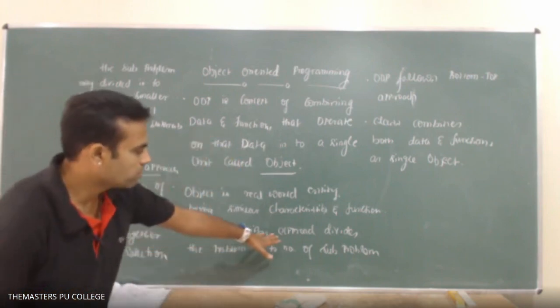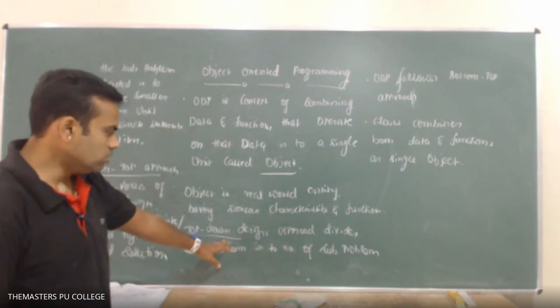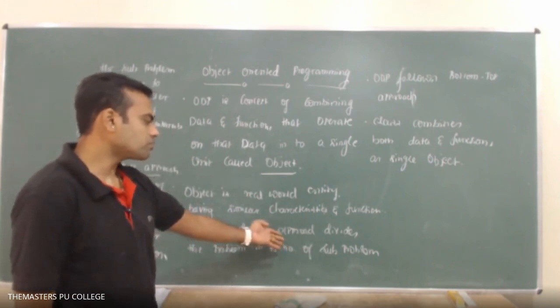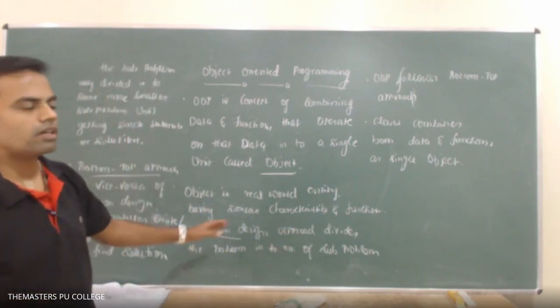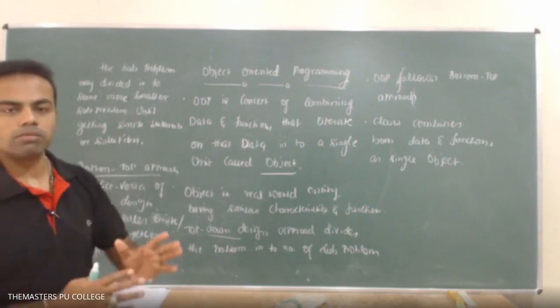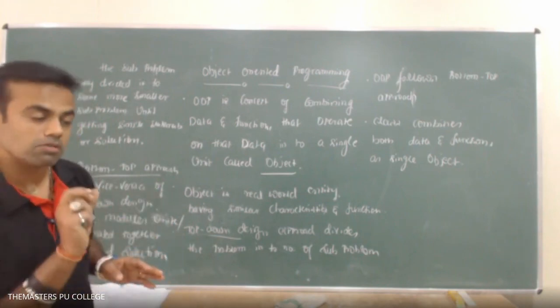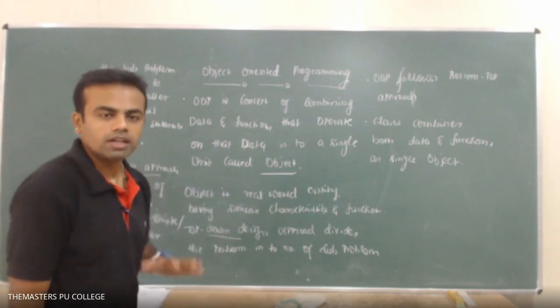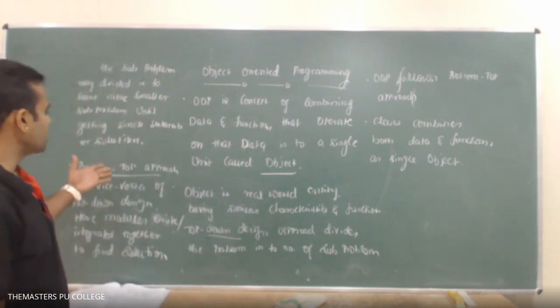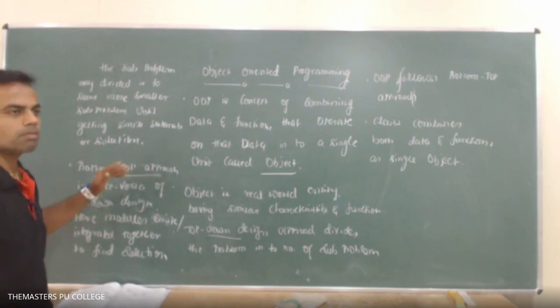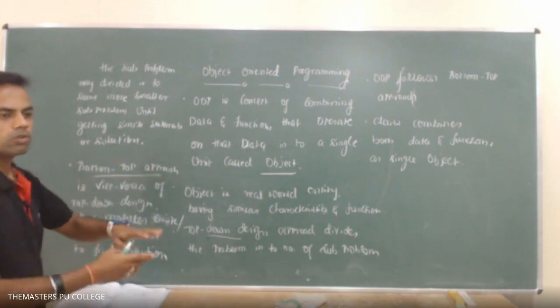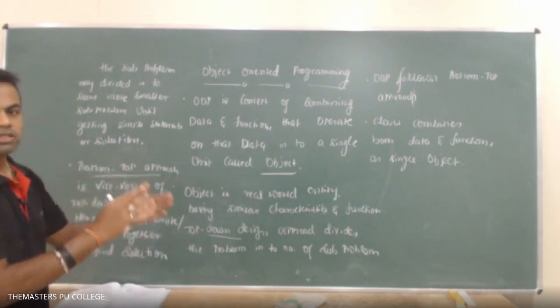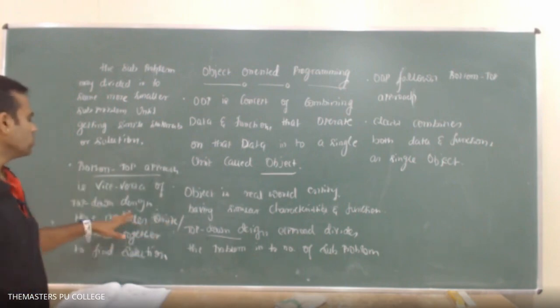So top-down design: the problem is divided into a number of sub-problems, and each sub-problem is again divided into smaller sub-problems, until you get a statement or a solution to the given problem. But in the bottom-top approach, it is the reverse of top-down design.